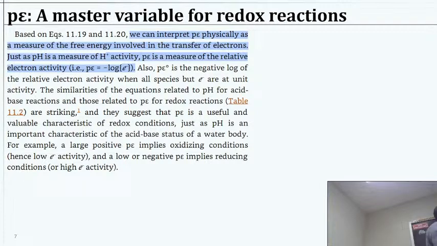So we've got a table that compares all this. We can also note, as an example, that a large positive PE implies oxidizing conditions, so a low electron activity. A low negative PE implies reducing conditions, so a lot of electron activity.